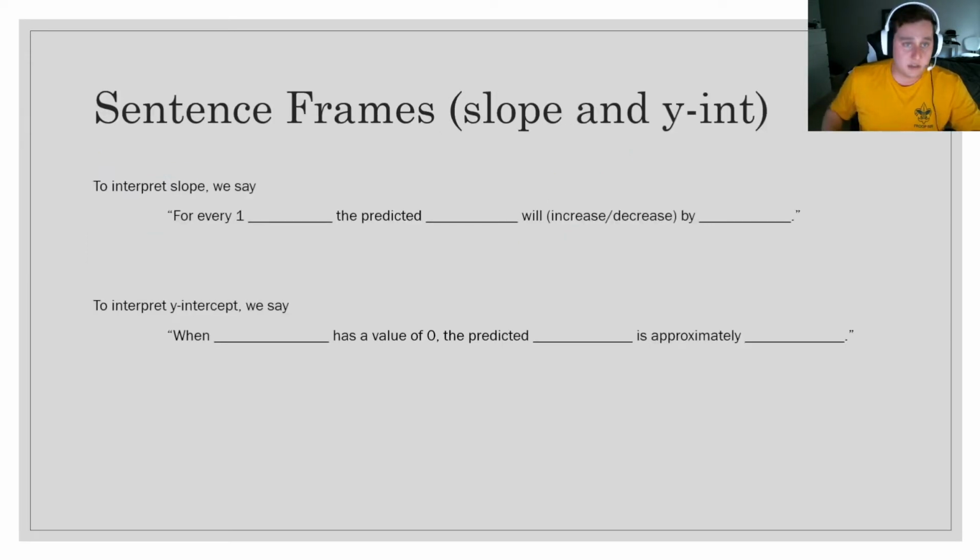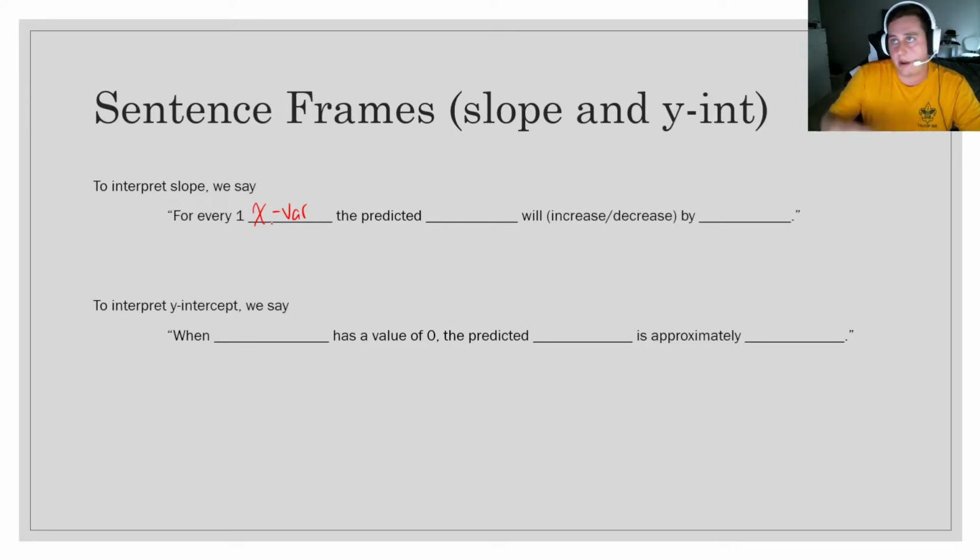We're given these sentence frames when we go to actually interpret slope and y-intercept and all that stuff. So if we are to interpret the slope, this is the sentence frame that we use. We say for every one, and then we're talking about whatever units it is for the x variable, so x var in context.